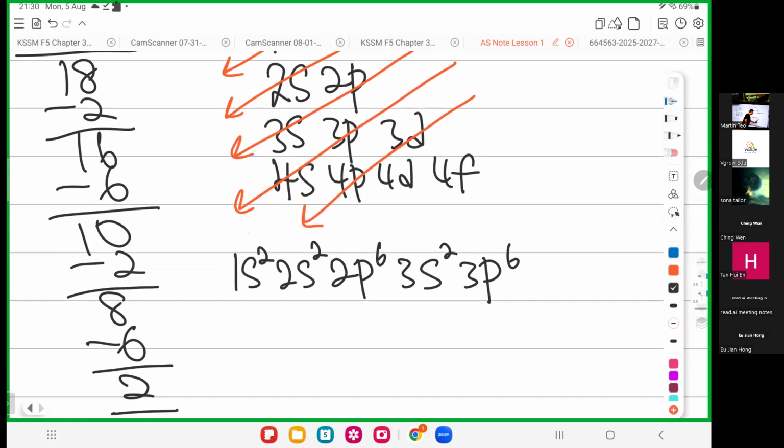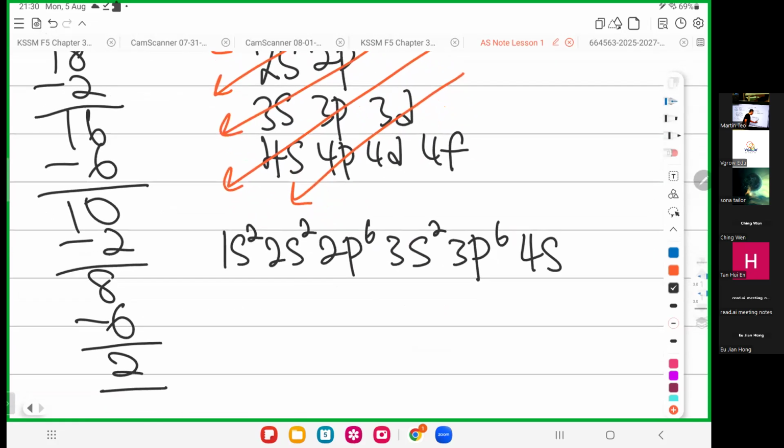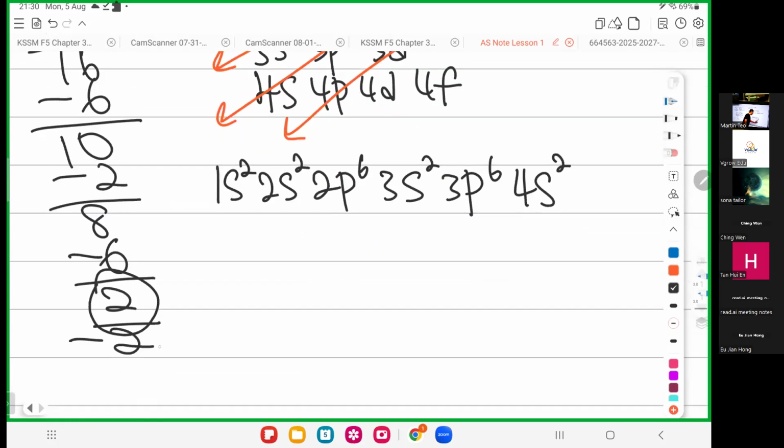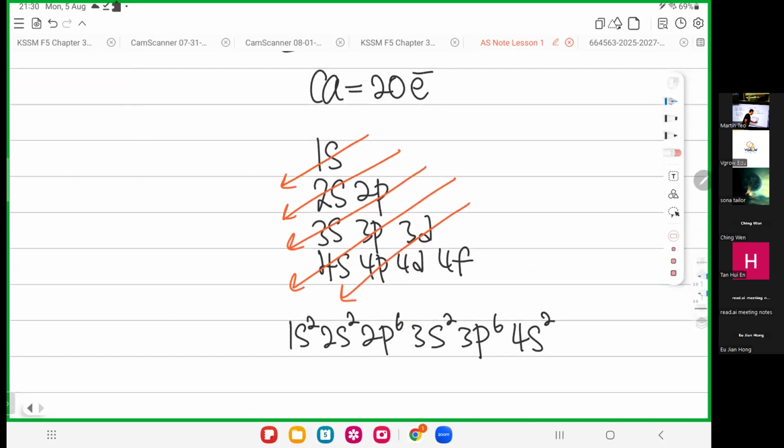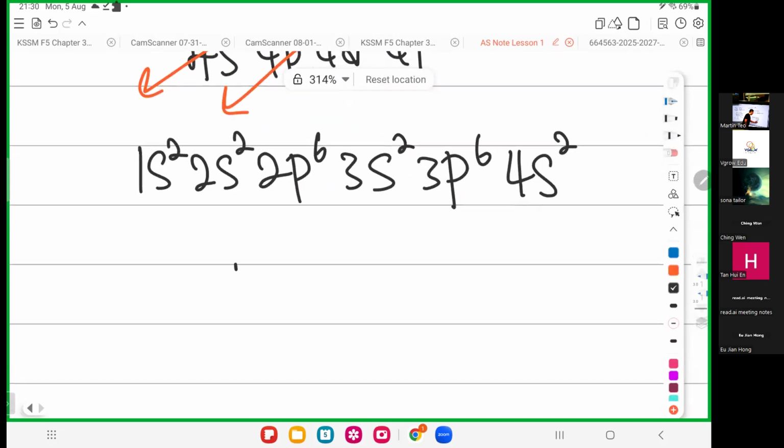Am I right? So then after 3p, subsequently, 4s. s can put a maximum of 2. Do you have 2 to put? Yes. So exactly finished. So that's how we do it. So this entire thing is called the 1s2 notation.